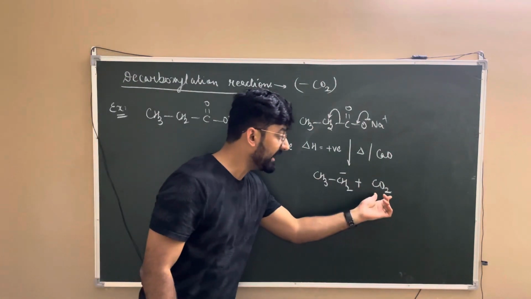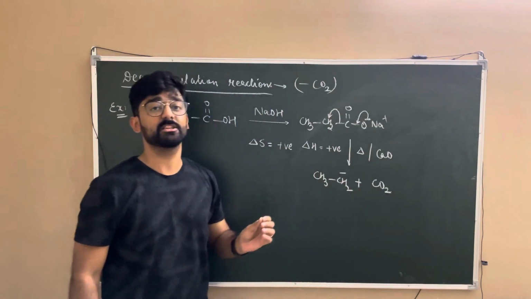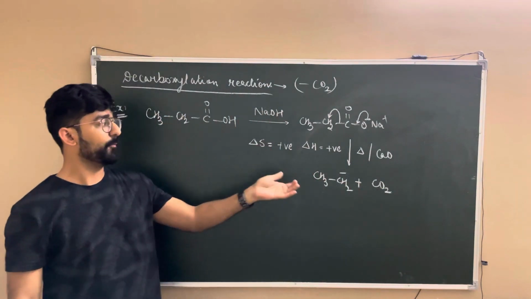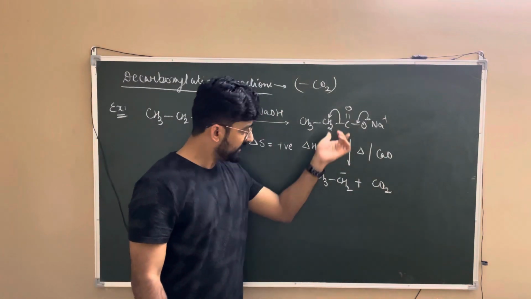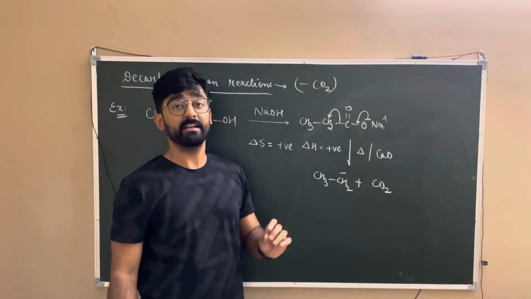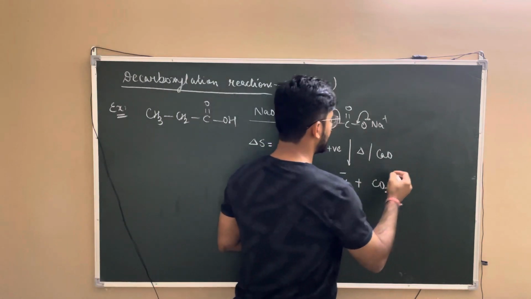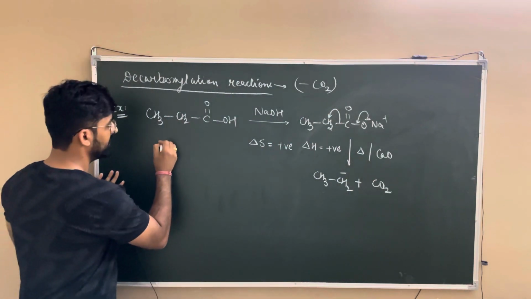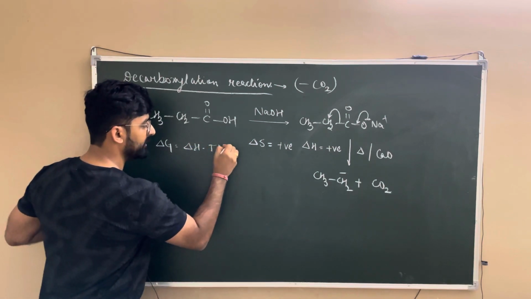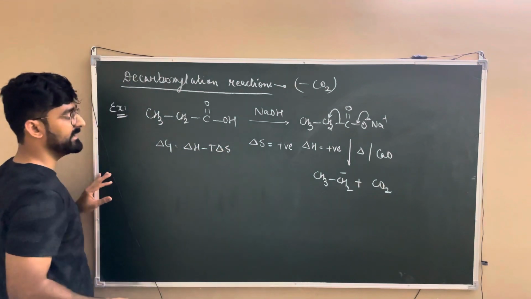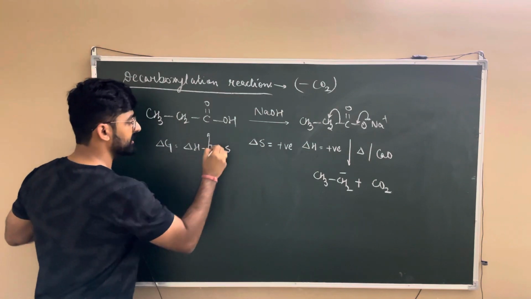And since gas is being released in this reaction, therefore we can say that the entropy of the reaction is increasing. And therefore this reaction takes place at high temperatures, because in that scenario what will happen is the delta G, which incorporates both the factors delta H as well as delta S, for high temperatures.